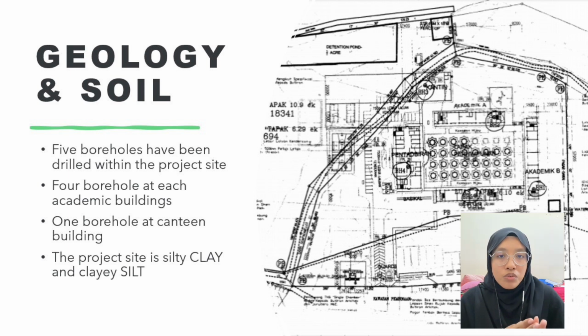All of the boreholes are positioned within the project site, with 4 boreholes located at each academic building and one at the project site's canteen based on the drawing above. According to the borehole log profile, the project site is mostly silty clay and clayey silt.